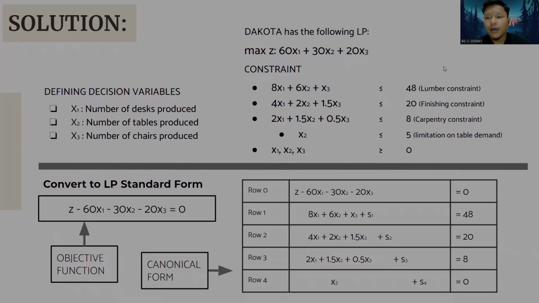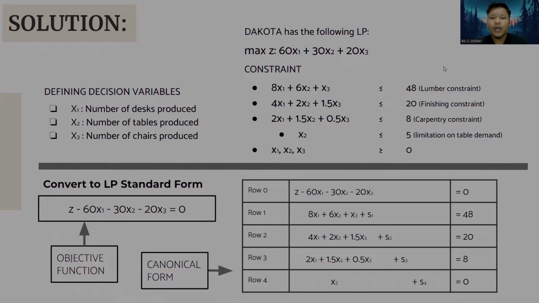From the question, we can also construct the constraints. The lumber constraint is because we have 48 lumber available, and likewise for finishing and carpentry, which are 20 and 8.